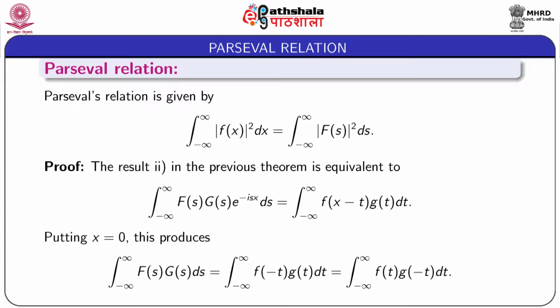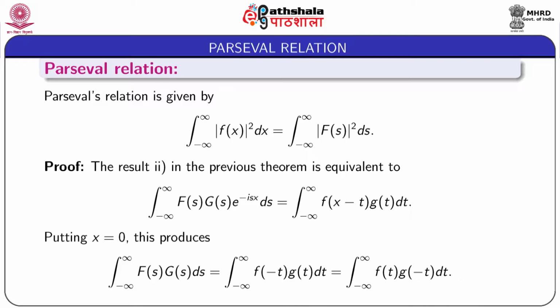So, the left hand side is the Fourier inverse of product of capital F and capital G. So, this is equal to integral minus infinity to plus infinity capital Fs into capital Gs e to the power minus isx ds equal to integral minus infinity to plus infinity small f(x minus t) into g(t) dt.